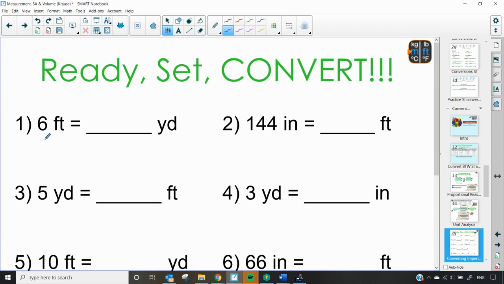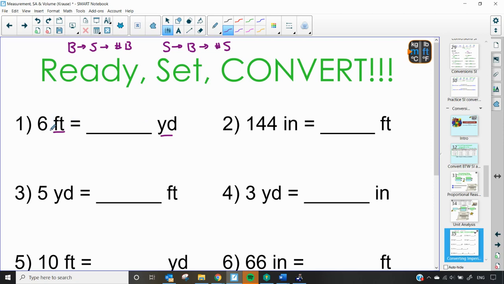Now, as we work through these, I'm going to use a variety of different methods, but I'm going to start off with the first one we've talked about, which is going from bigger units to smaller units, getting a number that's bigger, and then going from smaller units to bigger units, getting a number that's smaller. So if I'm converting from 6 feet to yards, feet are ultimately smaller than yards.